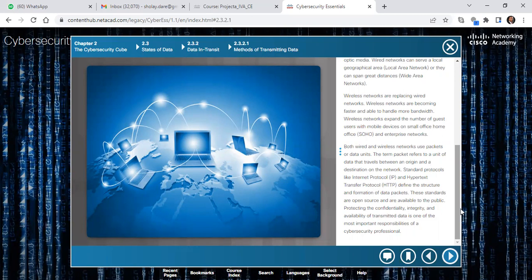Now you have seen where your work is, what you have to protect. These standards are open source and available to the public. Now, how do you protect it? Data are going to be moved, data are going to be transmitted. What is your job as a cybersecurity professional? You are to make sure you protect those files the way they are being transmitted. There is confidentiality, integrity, and availability of this transmitted data. So we're just talking about the methods of transmitting data.